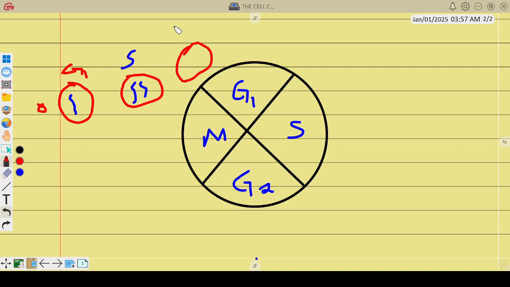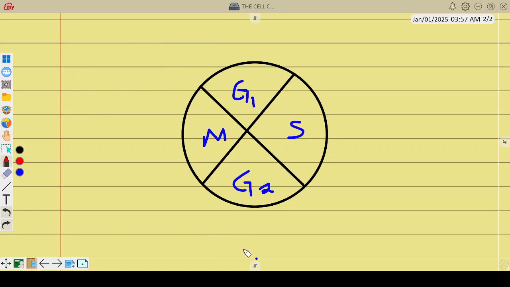That is G2 phase. Are you following? Under G2 phase, the DNA is replicated. From here we have 2. We just want to explain these same processes, what happens, and everything else necessary.